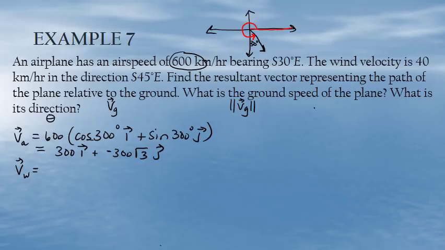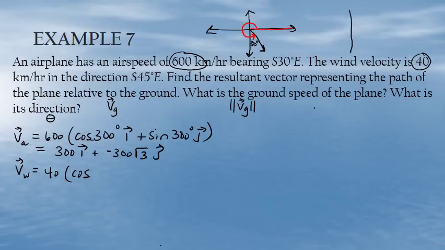Okay? And then for the wind, let's take a look at the wind. The wind has a velocity of 40, so I'm going to say 40 here, times the cosine. Now it says 45 degrees south and then east. So the same thing is going to be true for this one.